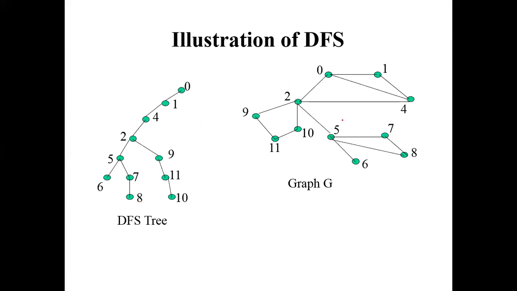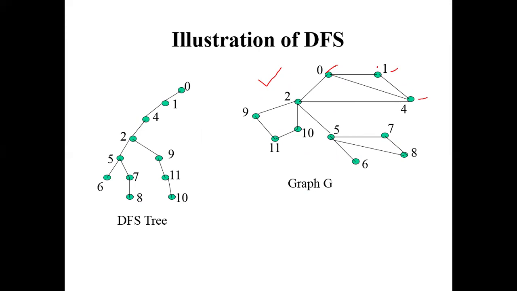If you see this graph, this is our question graph. For this, we are going to see the depth first search. Starting from node 0, I'm going to visit node 1. From node 1, I visited 4. These are the neighboring nodes.